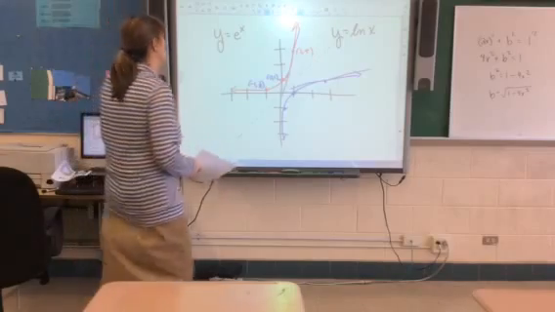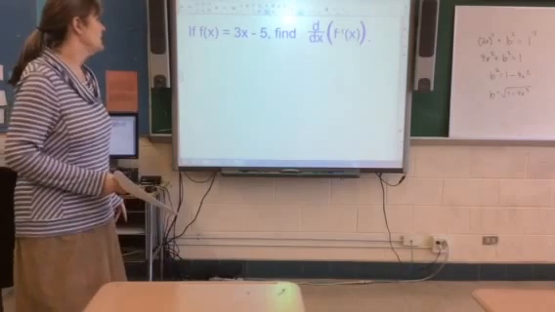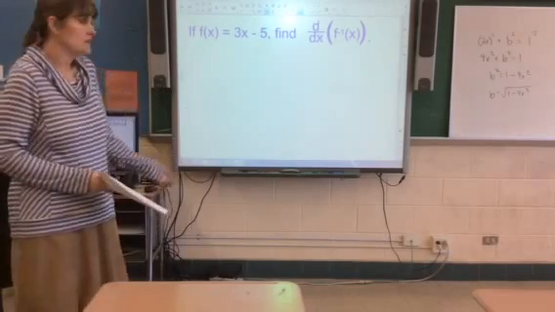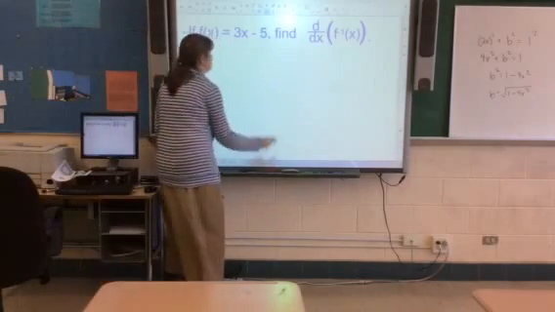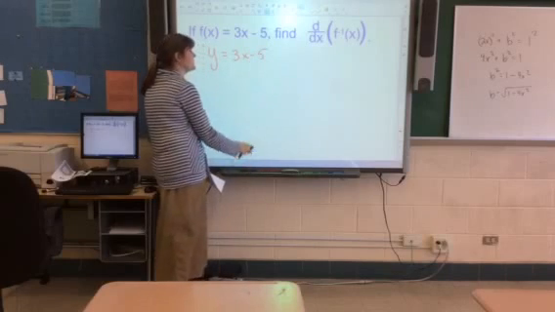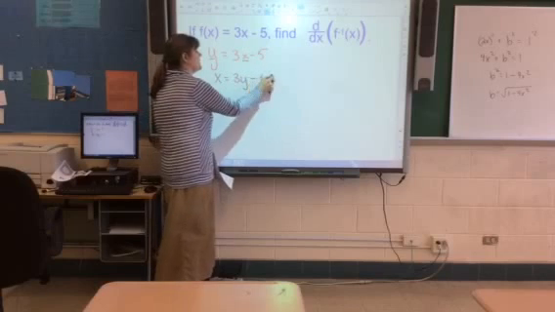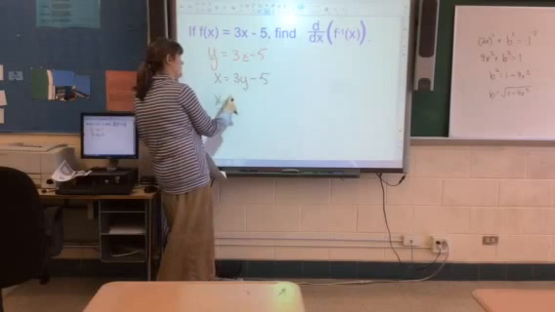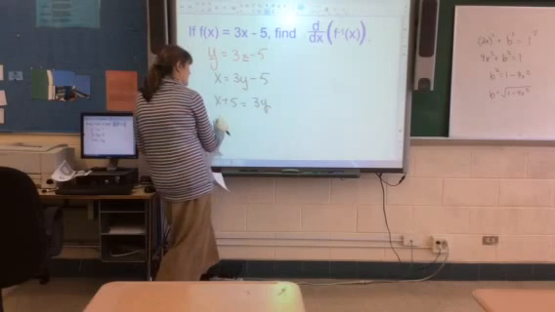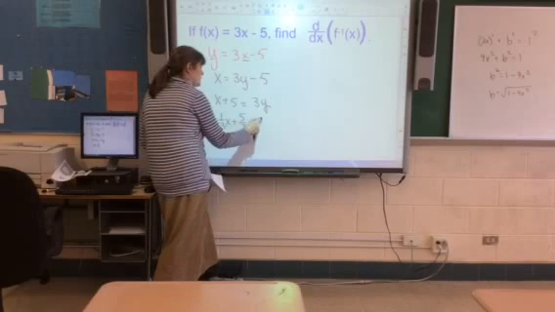So we're going to look at an example. Suppose we have the function y equals 3x minus 5, and we want to find the derivative of the inverse. Well, let's first find the inverse. This is my function, so to find the inverse, we're simply going to switch x and y, and now solve for y again. So we get x plus 5 equals 3y. We're going to divide by 3, which makes it 1/3 x plus 5/3 equals y.